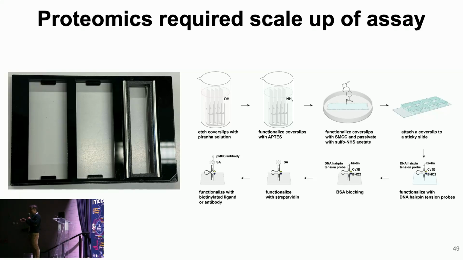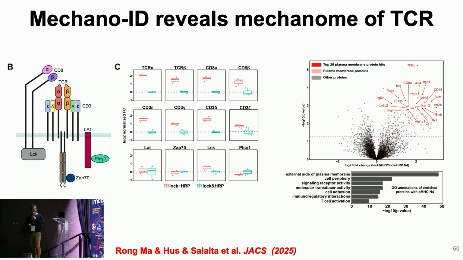After we load them in, we scrape all these cells, we pull down with streptavidin, and then we run proteomics. I'm going to share with you the first mechanomic experiment, where we're mapping out the proteins that are recruited in proximity to mechanical forces. What's really neat is that many of the proteins we identify are co-receptors and proteins involved in the TCR complex, the CD3 complex.